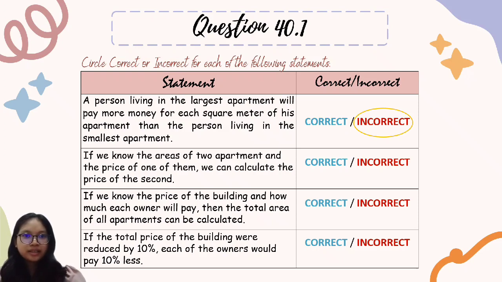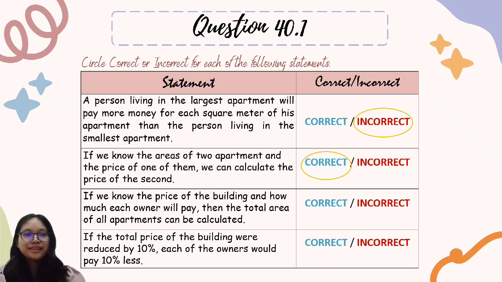The next statement: if we know the areas of 2 apartments and the price of one of them, we can calculate the price of the second. What do you think? Correct or incorrect? This statement is correct because of the assumption of proportional pricing based on the area of the apartment.